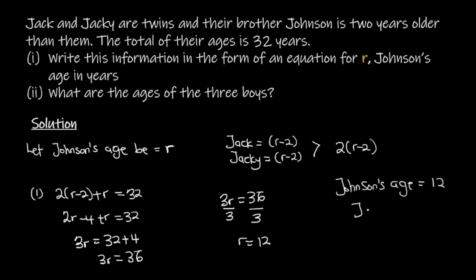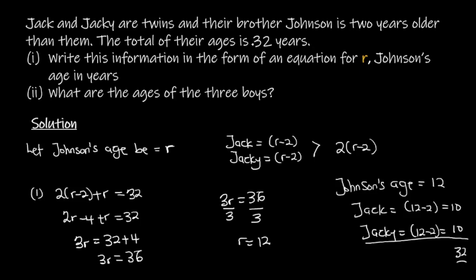Now Jack is 12 minus 2, which is 10 years. Jackie is also the same, so 12 minus 2, which is also 10. Now if we add their total age, 12 plus 10 is 22, plus another 10 is 32 years, which is the total of their age given to us in the question.